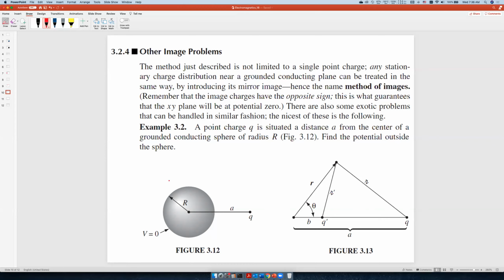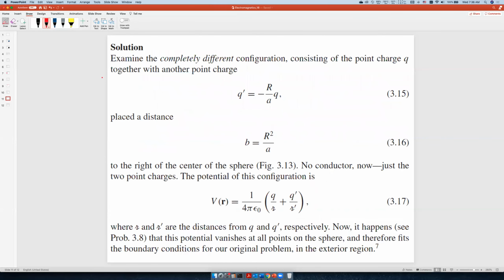Okay, so in this case, you will have some image or induced charges on the surface, but it's very difficult to calculate what the distribution of those charges is. However, there's another way to solve the problem, which is to examine a completely different configuration consisting of the point charge Q together with another charge, Q prime.